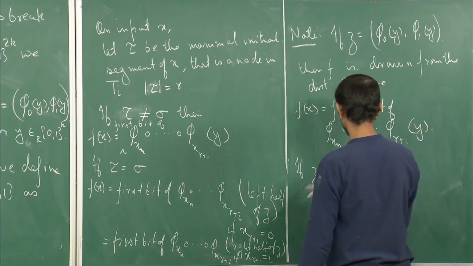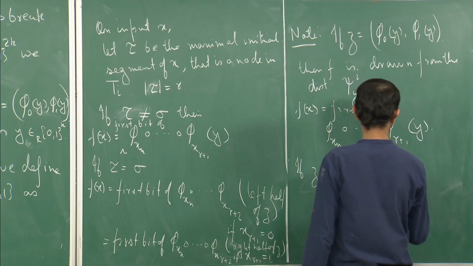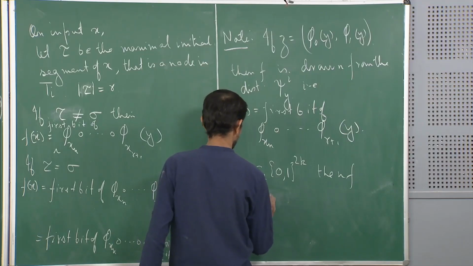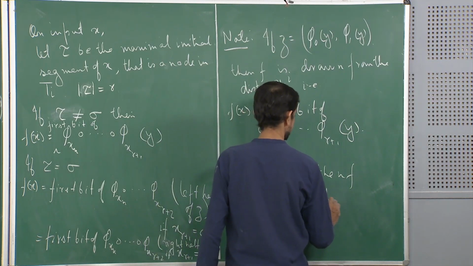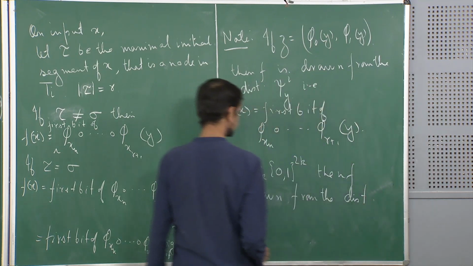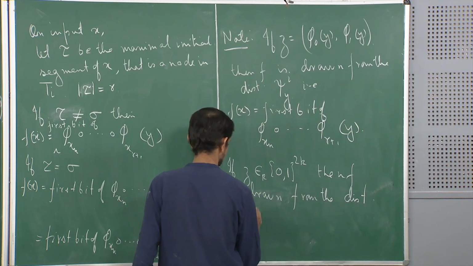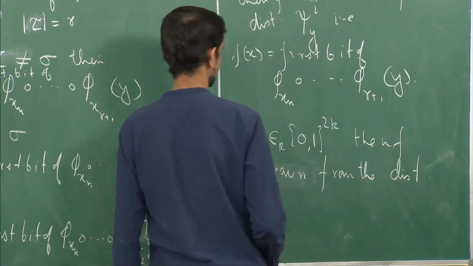So if z is a random string over here, then f is drawn from the distribution psi i plus 1 y. Okay.